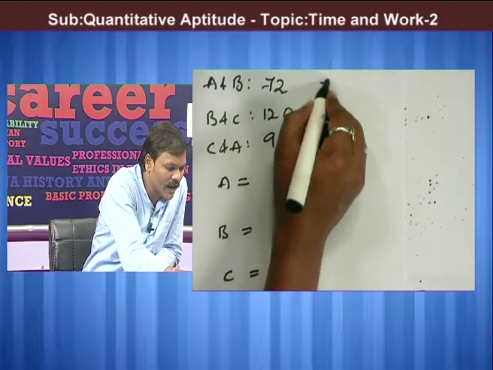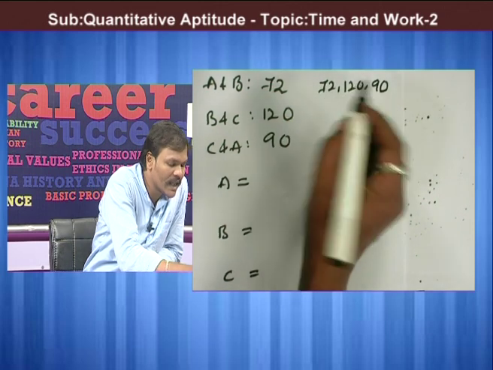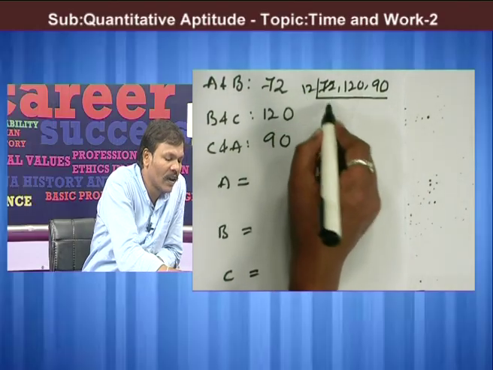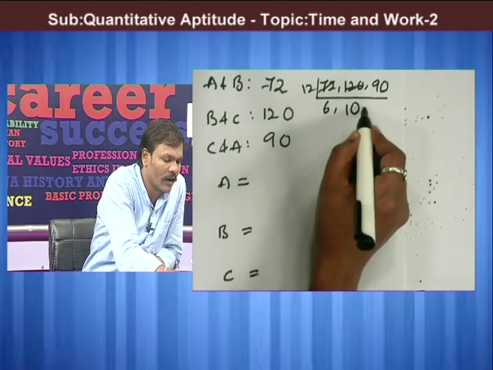When we have 3 values, what should we take? LCM. What is the LCM? 72, 120, 90.